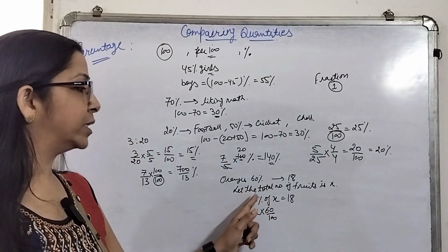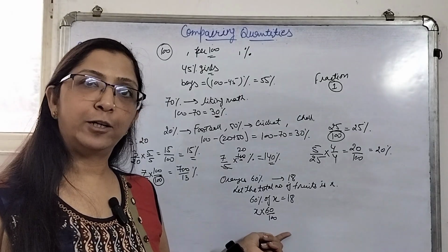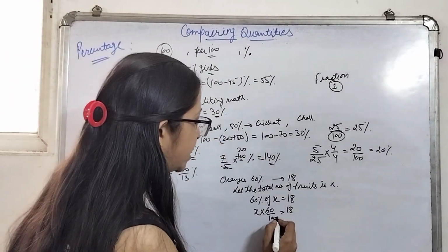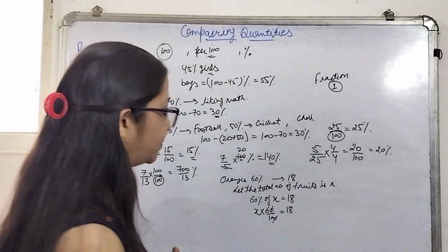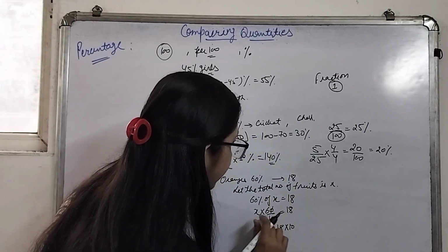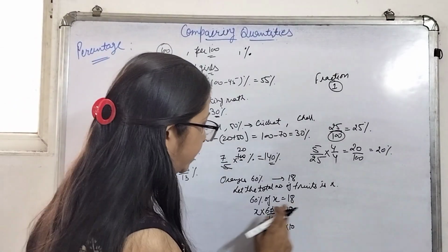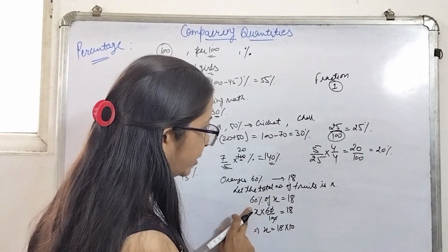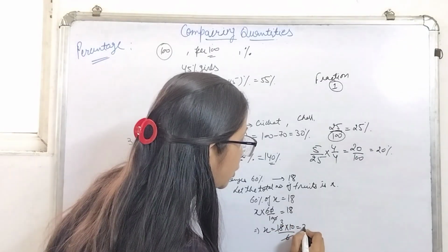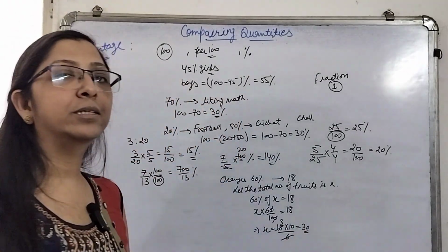When we remove the percentage sign, 100 will come in the denominator and it is equivalent to 18. The zeros could be cancelled. So the value of x will be 18 multiplied by 10. This 10 will go over here in the numerator and 6 is in multiplication with x, so it will go in division. 6 3s are 18. That means the total number of fruits was 30.